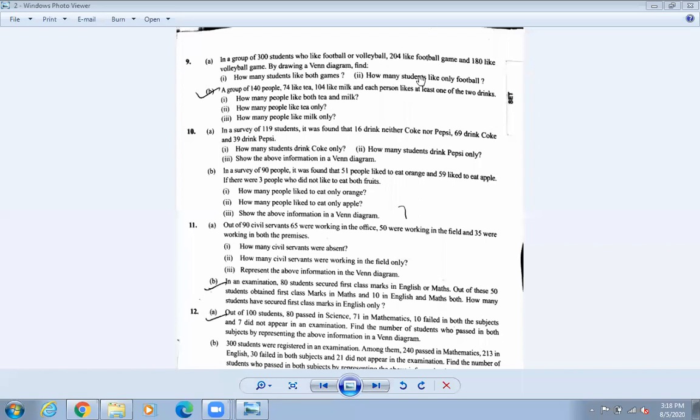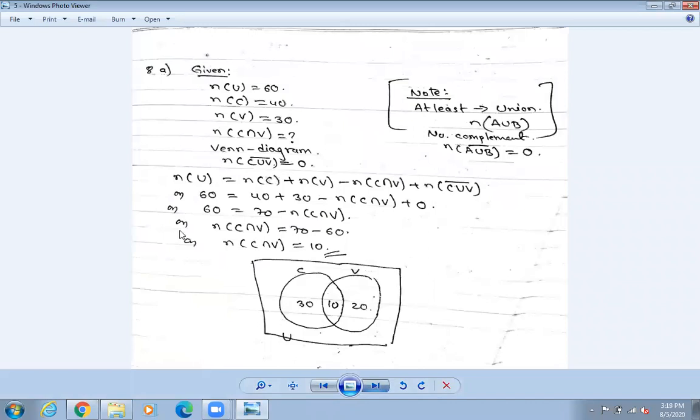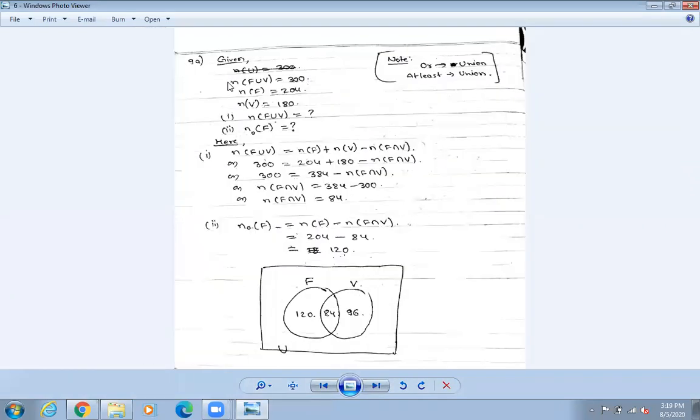So how many students like only football is the question number 2. And question number 1, how many students like both the game? That means intersection also you need to find out. Okay, intersection pata lagao hare and only pani pata lagao hare. Okay, so let us go to question number 9 and start solving the answer of question number 9.